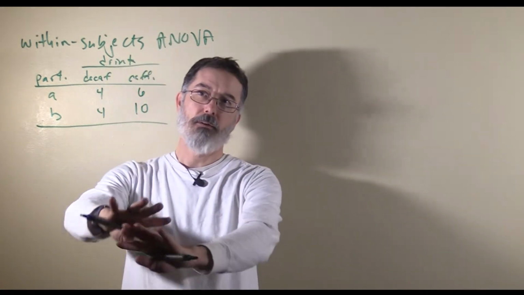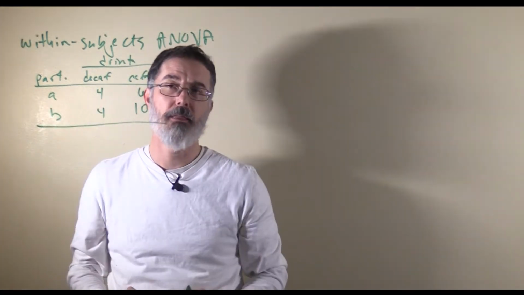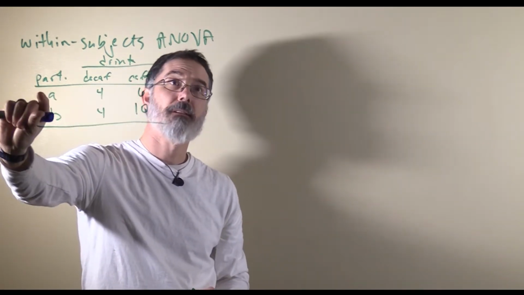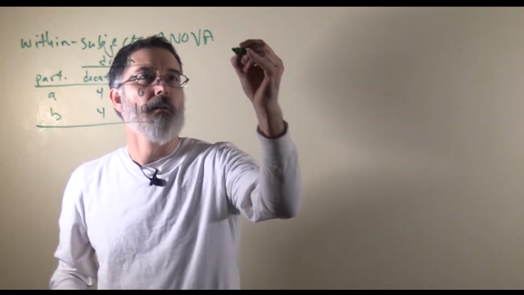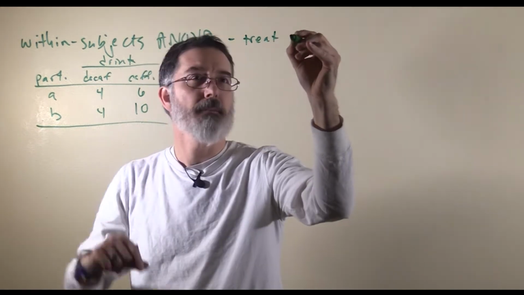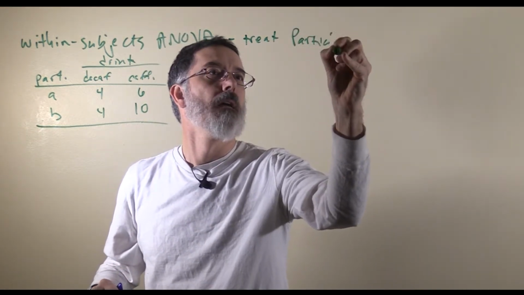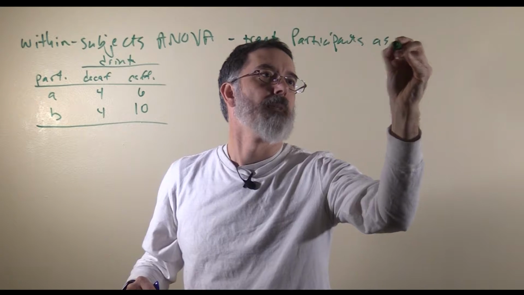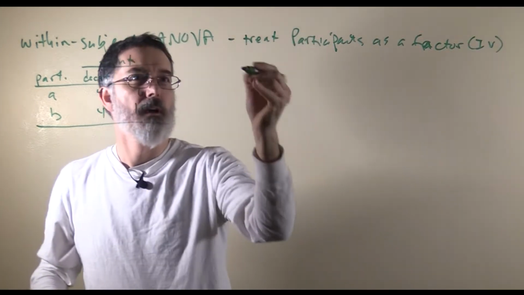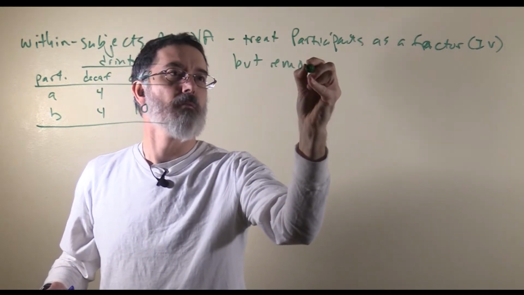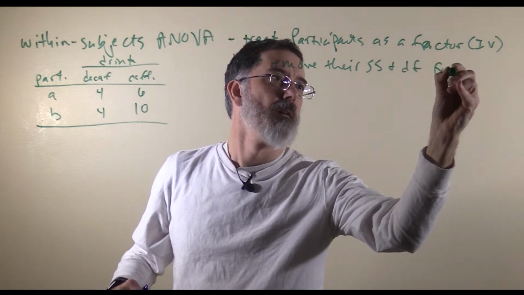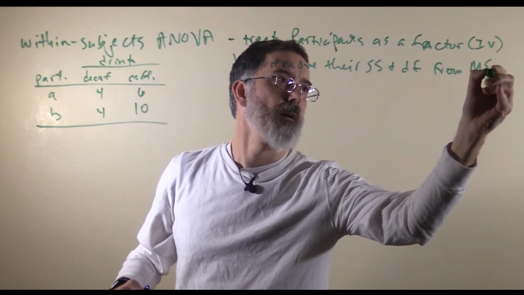In fact, we're going to do an ANOVA like we are familiar with, except we're going to treat the participants' data a little bit differently. What we're going to do is treat participants as a factor, or like a variable, but we're going to remove their sums of squares and degrees of freedom from the mean square within.